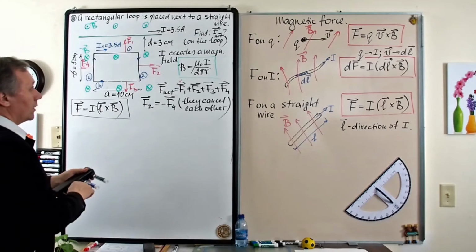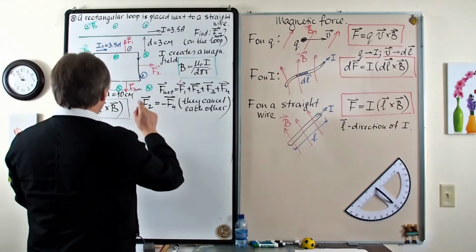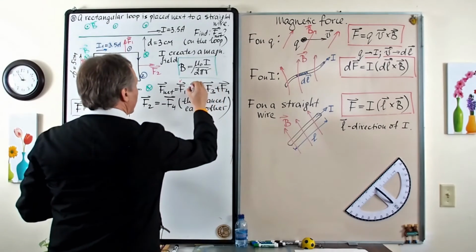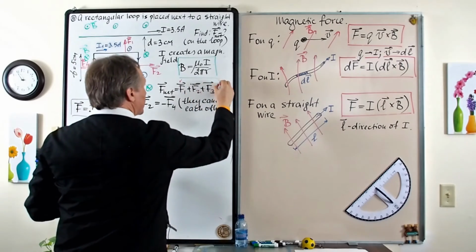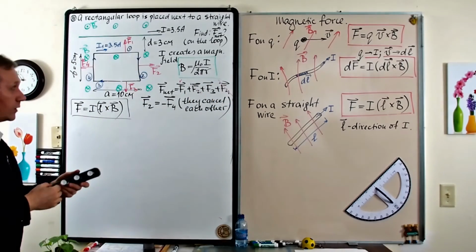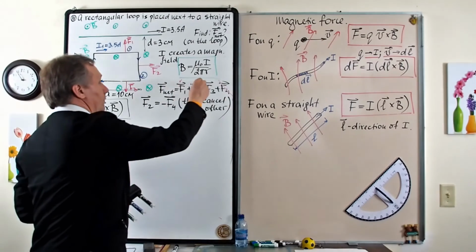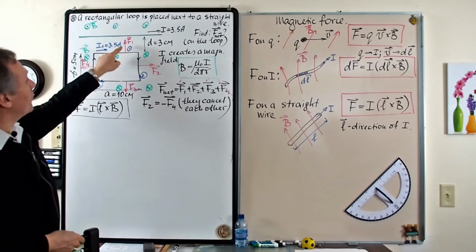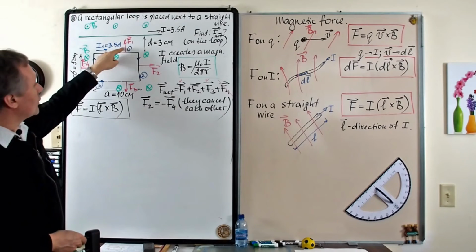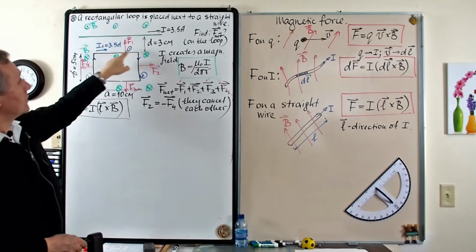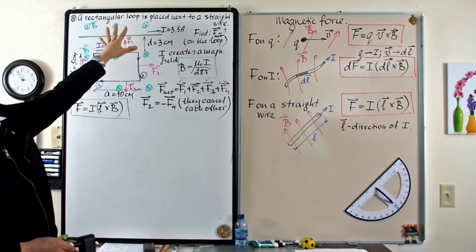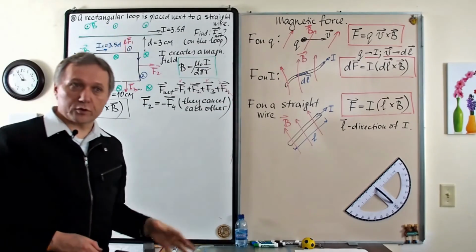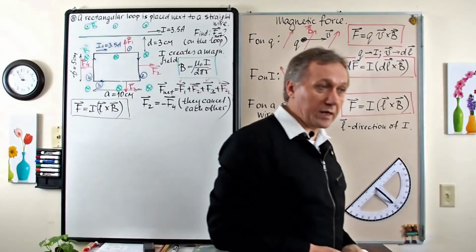So there will be only two forces left, F1 and F3, and we know the direction, and we also know that F1 must be larger than F3, because again, this piece of wire is positioned closer to the source of the magnetic field, exposed to the stronger magnetic field. Of course, that force must be larger.